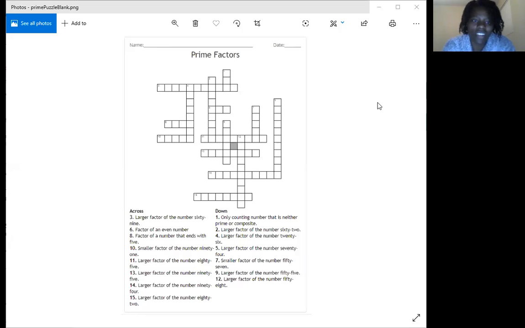Okay, so here we are on our prime factors puzzle. And if you like, you can pause the video right here and try to figure out all the factors before I give you the answers. So this is a great place to pause the video and try it for yourself.